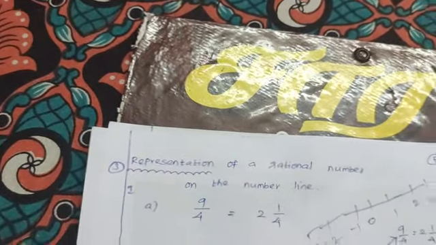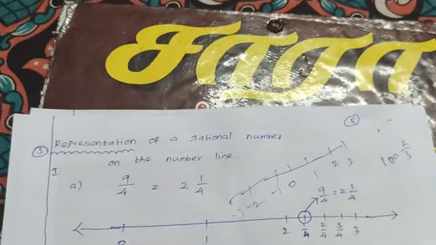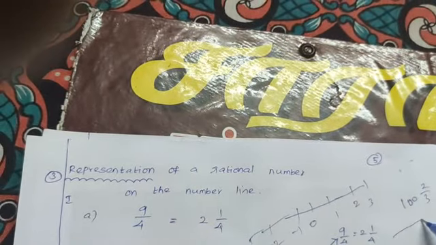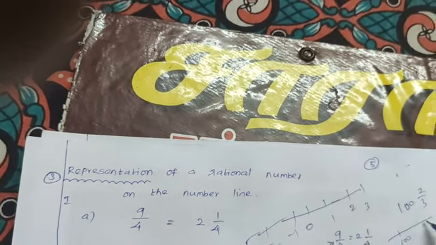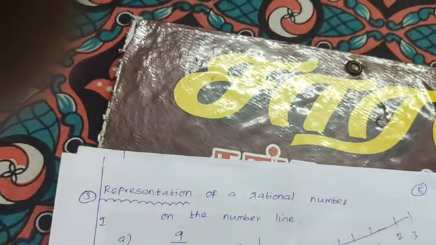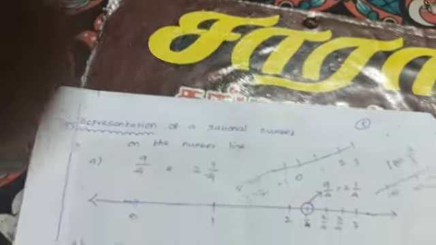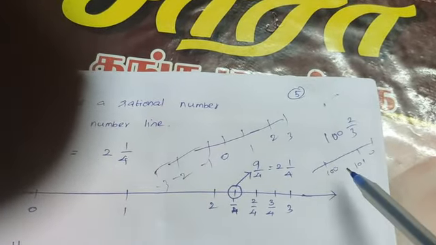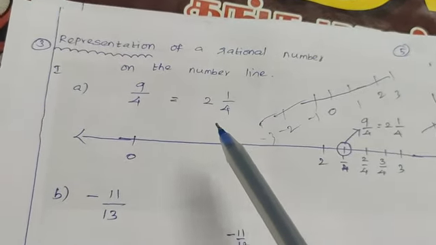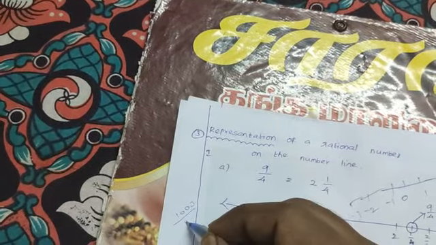Suppose the problem is 102 by 3. It is not possible to draw 0, 1, 2, 3. So for that just draw here 100, next 101 and 102, because 102 by 3 is in between 100 and 101. So 2 1 by 4 is in between 2 and 3. Suppose 1000 by 3.